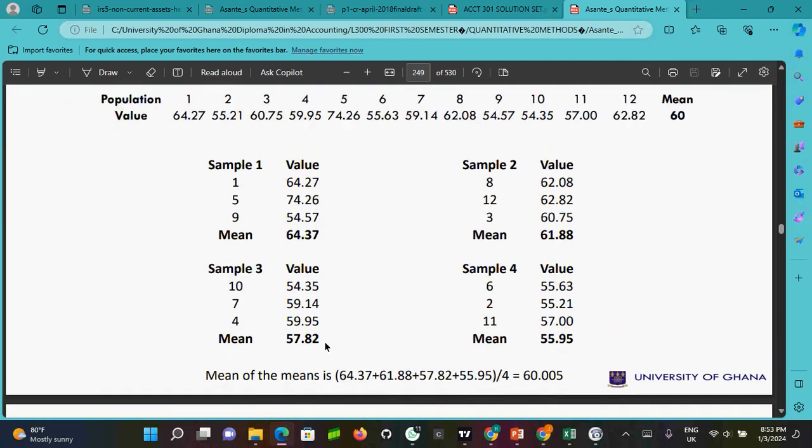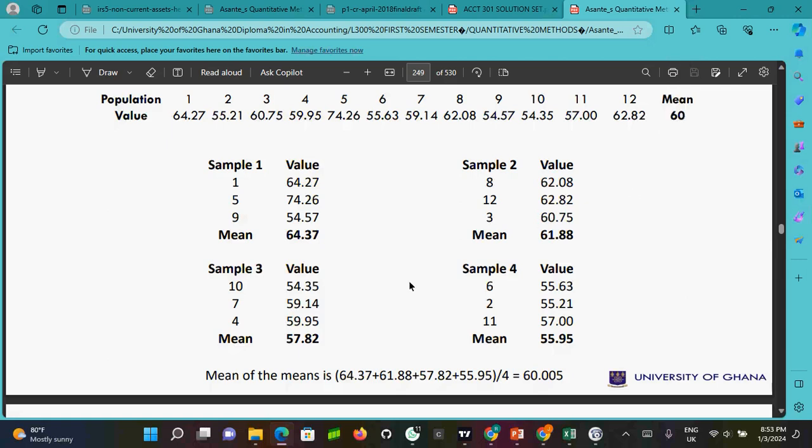And then we have the mean of the means. The mean of the means basically is this plus this plus this plus this. We selected 4 means right now, so it will be divided by 4. And normally it is closer to the population mean.